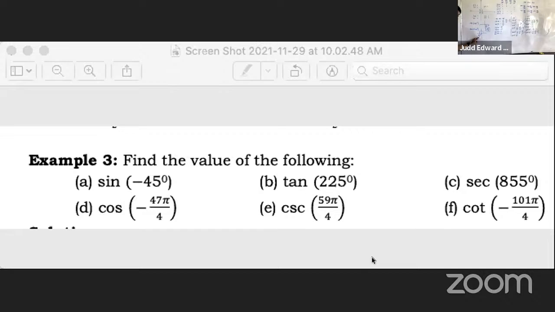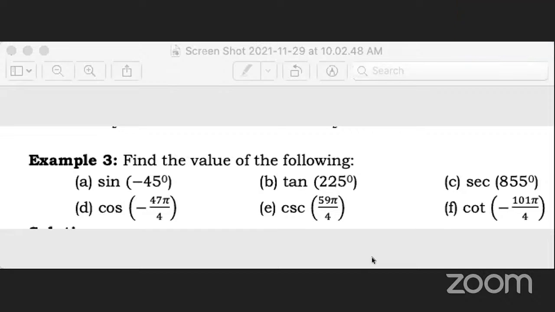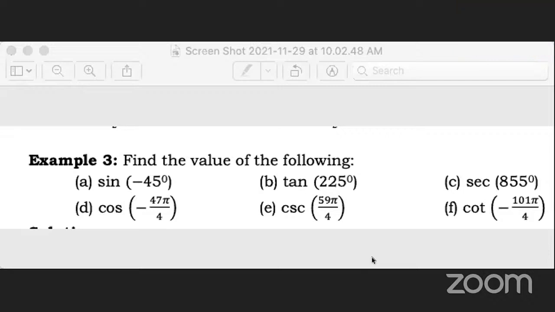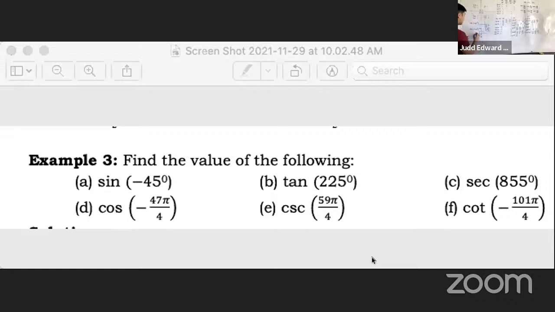Yes. Therefore, this is 45 degrees and it is on quadrant 3. Is tangent positive sa quadrant 3? Yes. What is tangent 45? Tangent 45 is 1. Therefore, the answer is positive 1. Are we clear? Yes po.